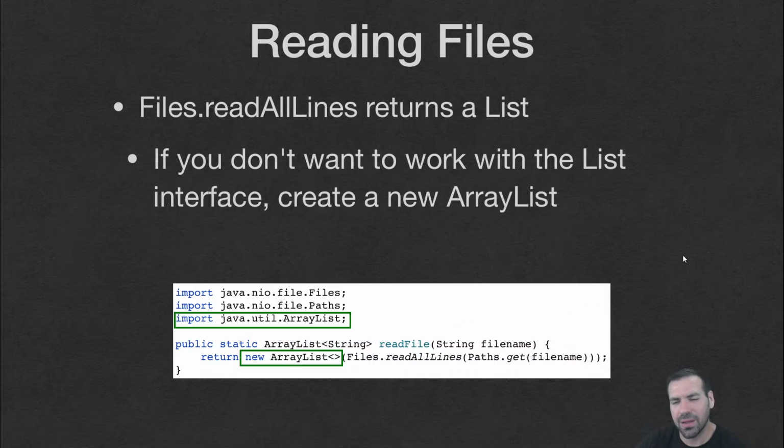List has all the same methods as an array list, so it wouldn't be that big of a deal. But just so I don't have to say return a list in the homework and then have students returning array lists, which wouldn't give an error but would cause confusion, I'm going to stick with array list.